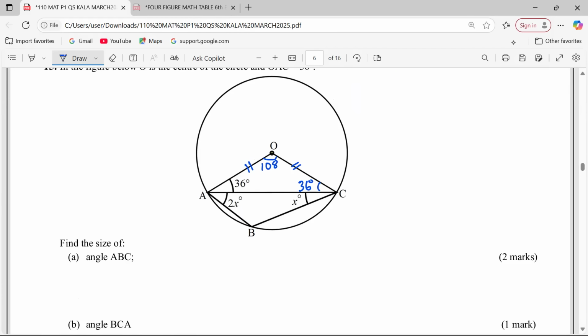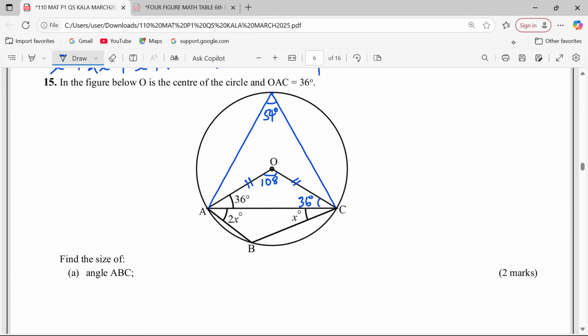If that angle is 108, there is something that we're supposed to learn here. The angle at that point up there shall be half of this, which is 54. This angle is 54. If this angle is 54 degrees, then we can get the opposite angle.